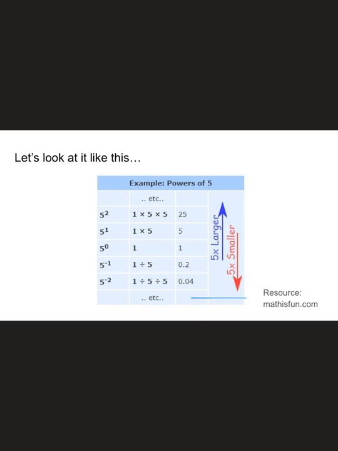That's 0.04, or 4/100ths. It's getting smaller by 5 times each time. Our curves roughly look like this and like this, right? The smooth curve, they go exponentially higher or exponentially lower.